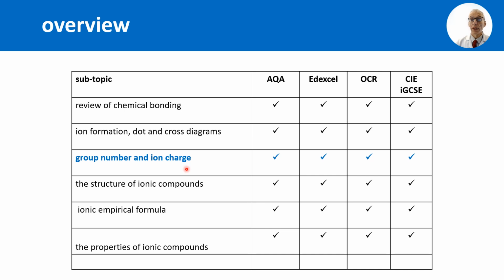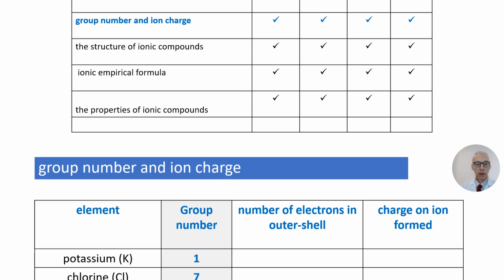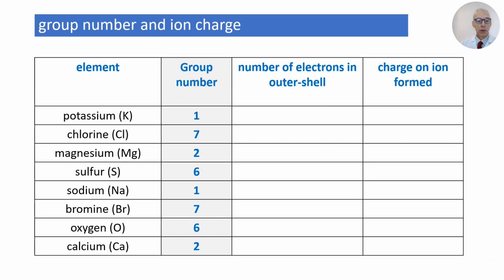So next subtopic, group number and ion charge. So if we consider potassium, that's in group 1. How many outer shell electrons does potassium have? Well, of course, it has an electron arrangement of 2,8,8,1.